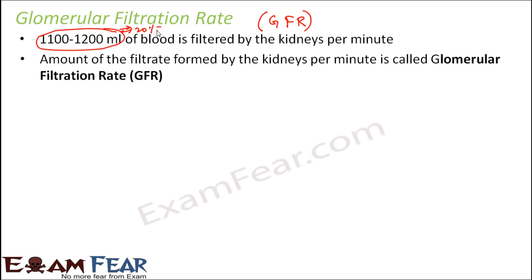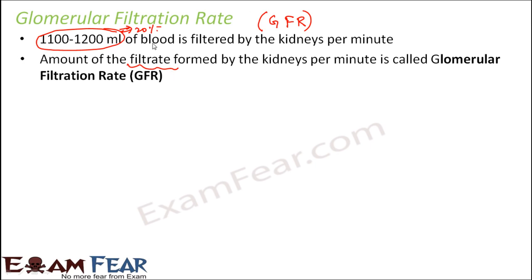Now, how do we define glomerular filtration rate? The amount of filtrate formed by the kidneys per minute is called glomerular filtration rate. If the filtrate is being formed, that means filtration is taking place, and this much amount of blood is getting filtered. So the amount of filtrate which is formed in 1 minute is called glomerular filtration rate. Now, generally for a healthy human adult, the glomerular filtration rate is approximately 180 liters per day.